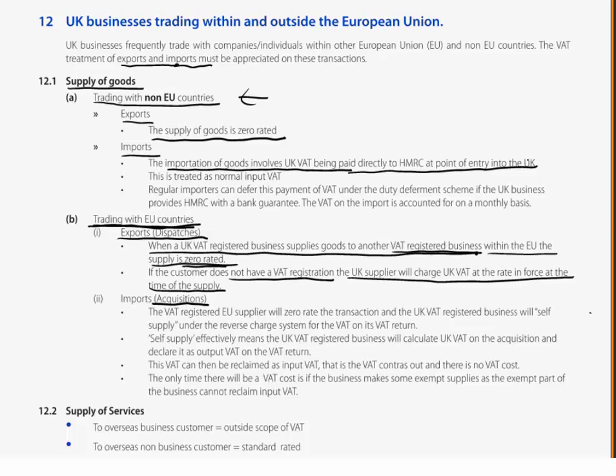Okay, so when we buy in those goods from businesses outside the EU, we have to pay the VAT on that sale to us. Now then, had we been buying in those goods from the UK supplier, then we'd have paid £120,000 and we would have recorded the £20,000 VAT as input VAT. We do exactly the same now.